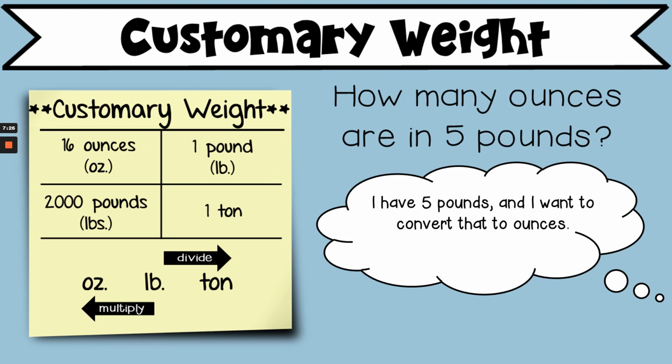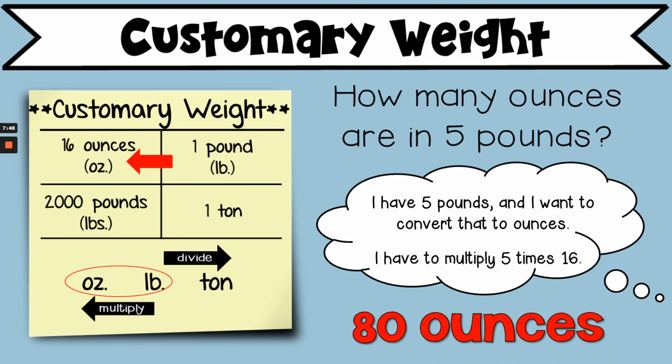Well, first you need to go to pounds on your line, and then you're going to move to ounces. When you do that, you realize that you will be multiplying, okay? So I have 5 pounds times 16. And that's going to give us 80 ounces.